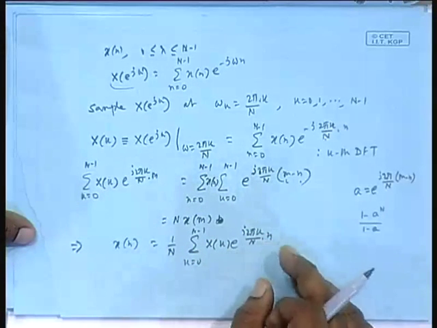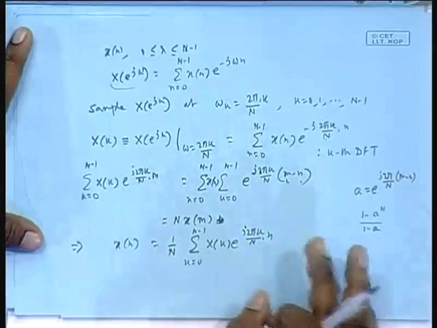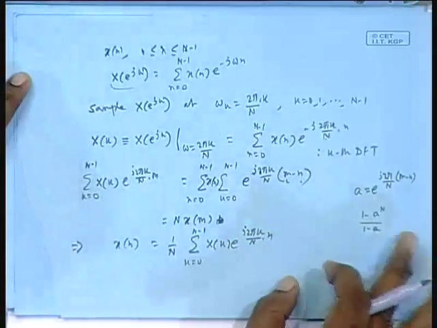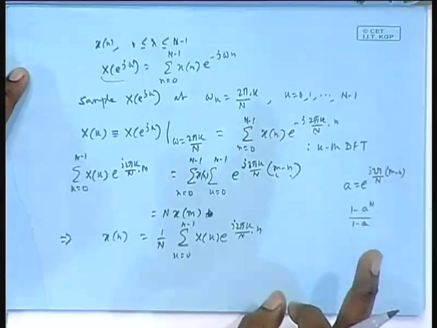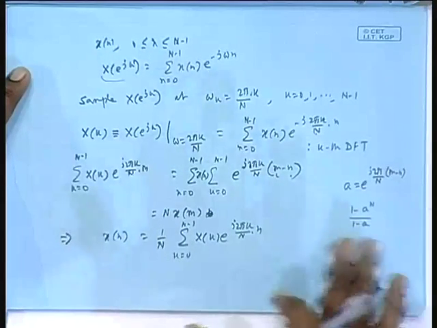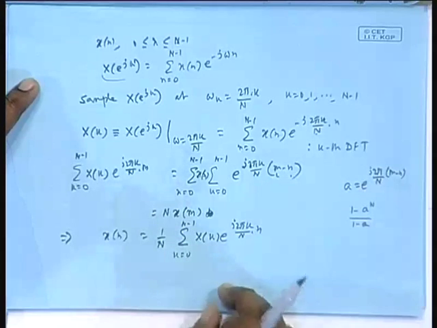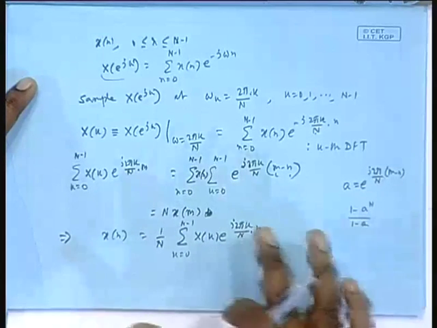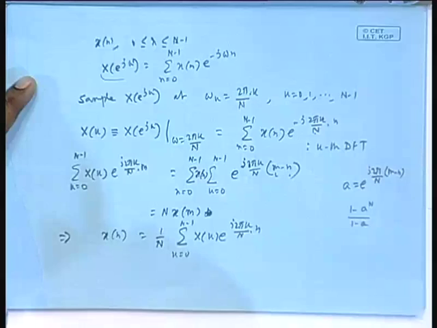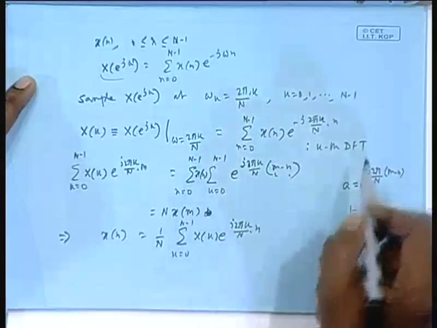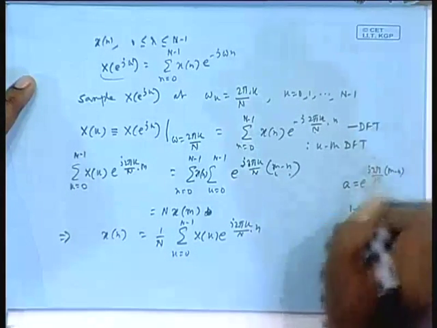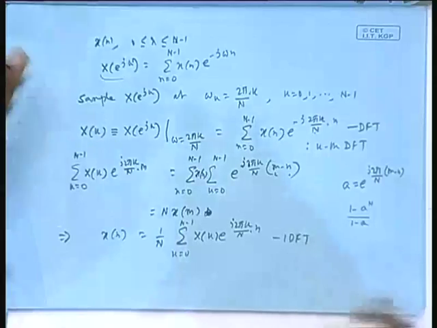In fact, they are orthogonal sequences. All those things we will study later. I will come back to this when I teach orthogonal projection and estimation problems, and I will again take this example. Okay, this is IDFT, this is your DFT, this is IDFT, fine.